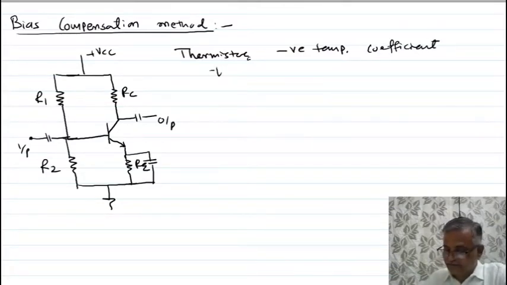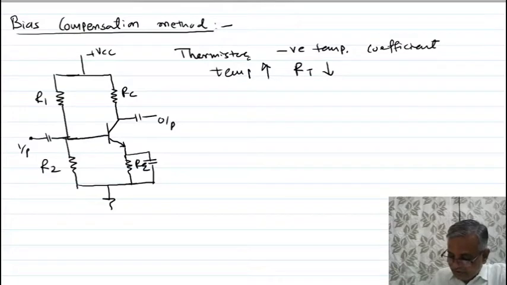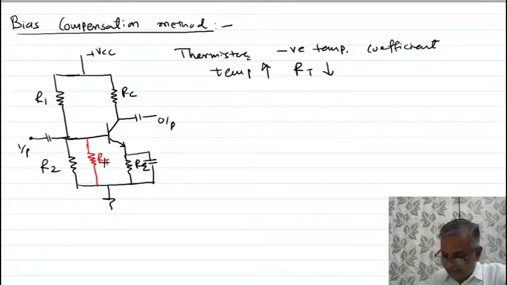This means as temperature increases, the resistance of the thermistor decreases. So I am using the thermistor parallel to R2, and this thermistor is kept very close to the transistor. Let us understand how this circuit is stabilized against the variation of temperature.